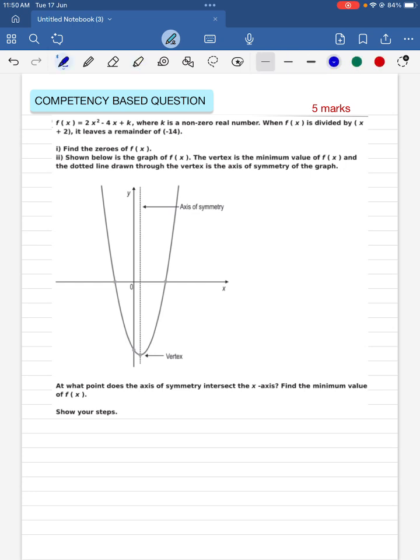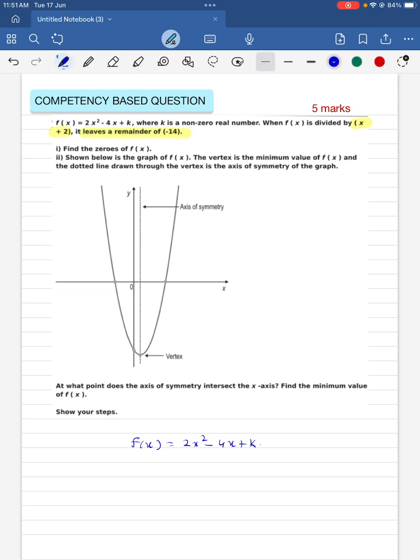Let's look at the question step by step now. They've given that f of x is equal to 2x squared minus 4x plus k. So let me write that as my f of x is equal to 2x squared minus 4x plus k. Now this polynomial is divided by another polynomial x plus 2 and it leaves a remainder of negative 14.